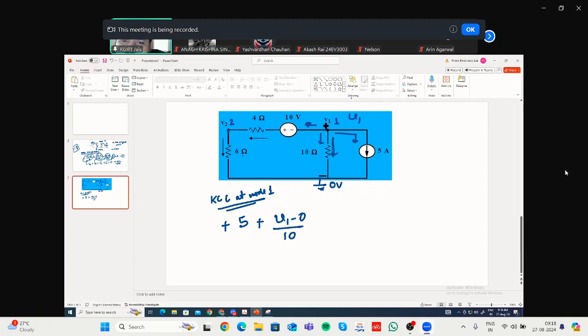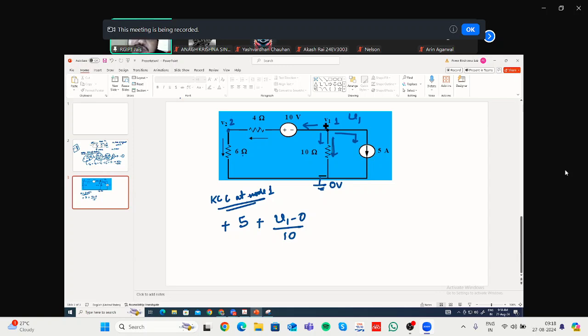Now this is the branch where you need to write the next equation. We don't know V2. The 4 ohm and 10 volt elements lie between node 1 and node 2. We don't know V1 or V2, but since we are writing this for node 1, we consider V1 to be the highest.